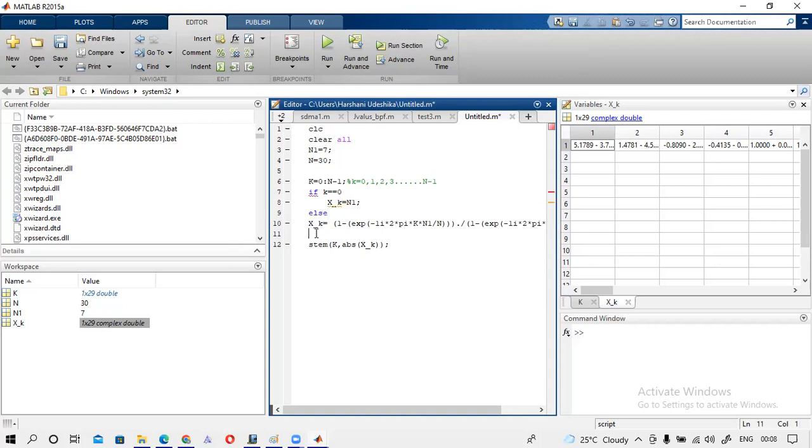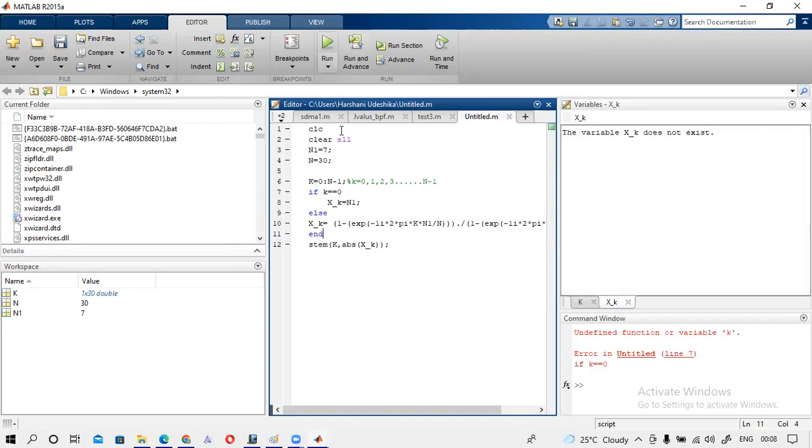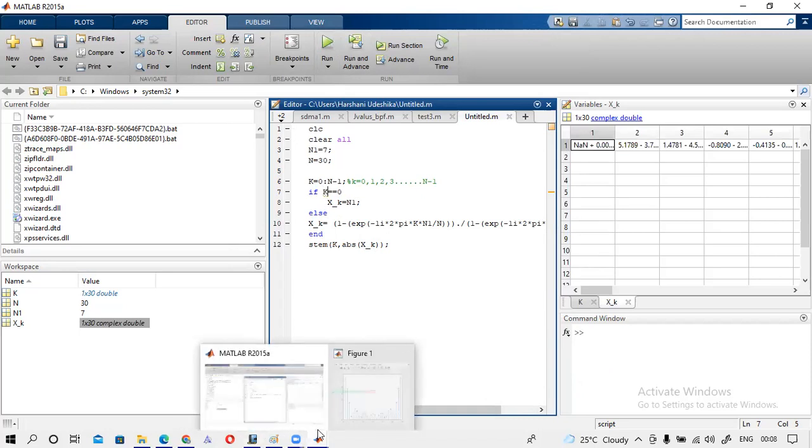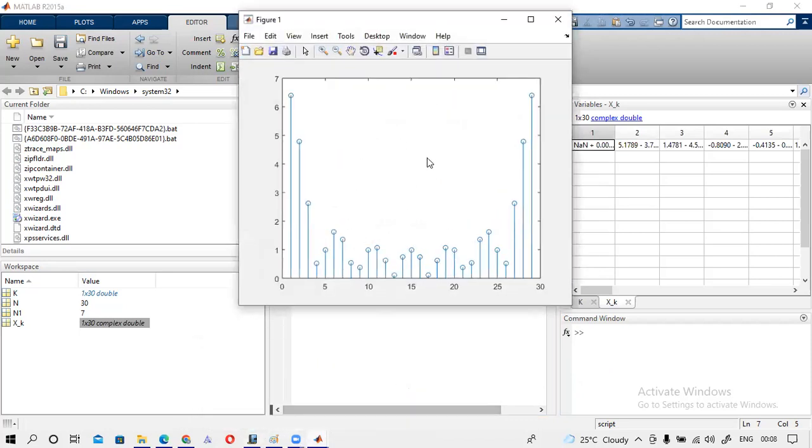So we have to end. If I write this, I think there is no issue. Yes, this should be capital K. So I will get the same result.